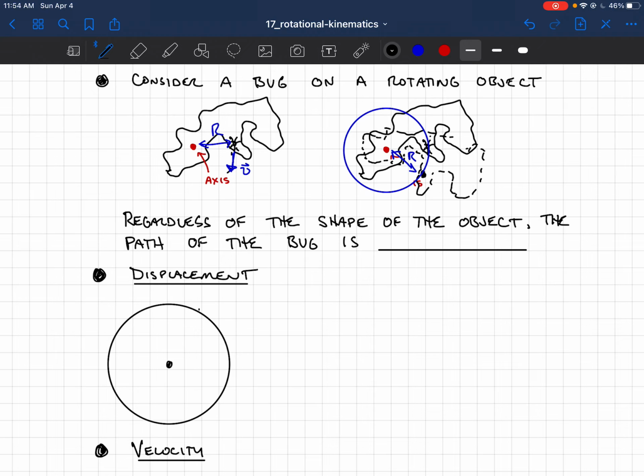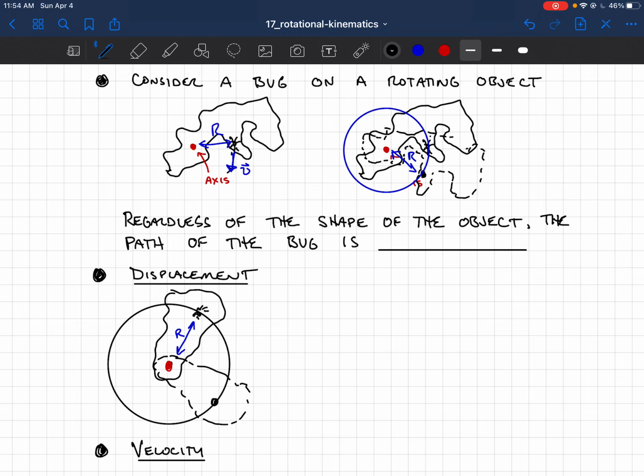So let's just draw some. Here's our bug. It's out at a certain radius from the axis of rotation, and let's just draw some little object here that it's sitting on. Now that object is going to move over here, and the bug will then be at this point here.